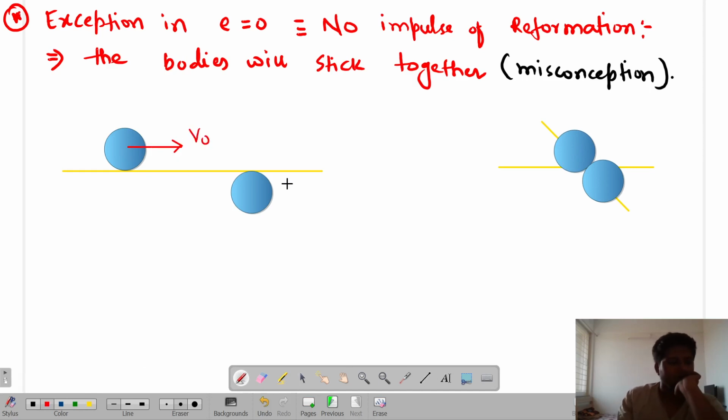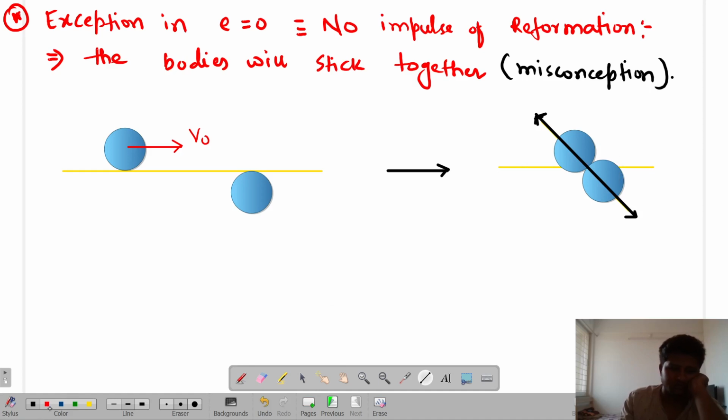So what we observe after collision is that they are moving in this direction. Why? Because the normal lies in this direction, isn't it? Correct. If you see in the normal, the contact is like this. So the normal is along that way, isn't it?